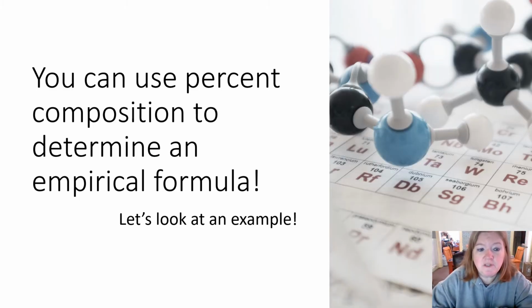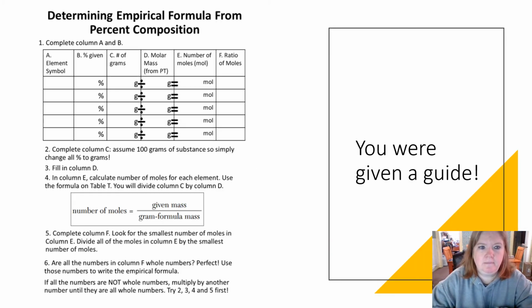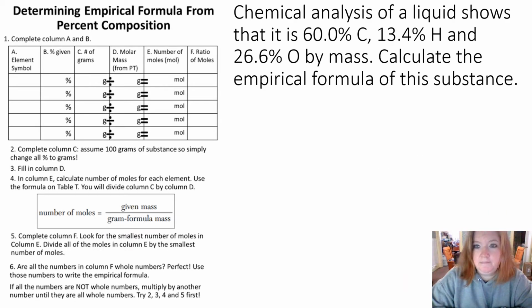All right, you can use percent composition to determine an empirical formula. So let's look at an example. You were given a guide. Okay, here's our example. So let's go through step by step. So first, write the element symbols. So I have carbon, I have hydrogen, I have oxygen.